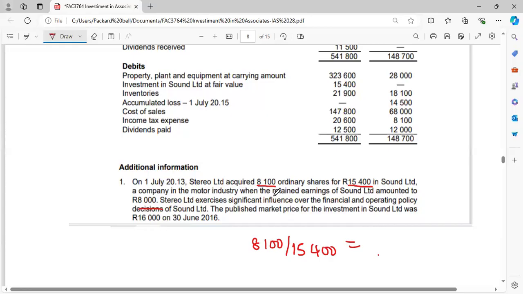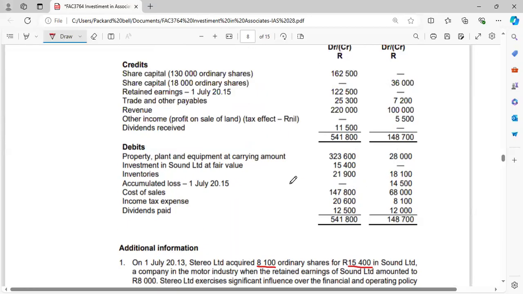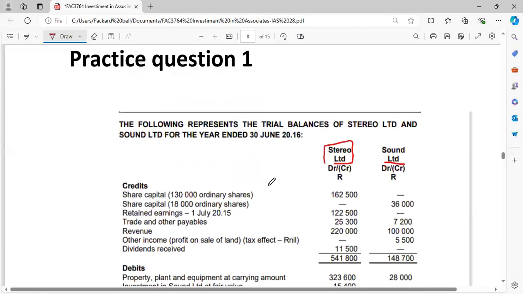No, we don't use that. You see, these are not shares, these are rands. Where are the shares? The shares are here, so you use 18,000.